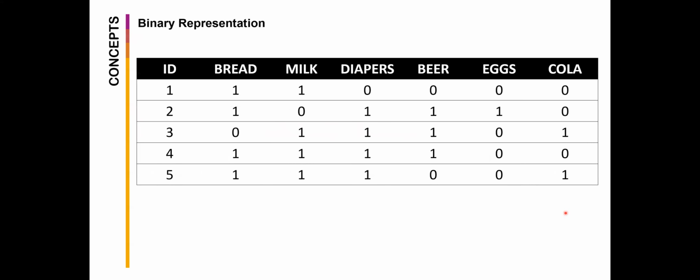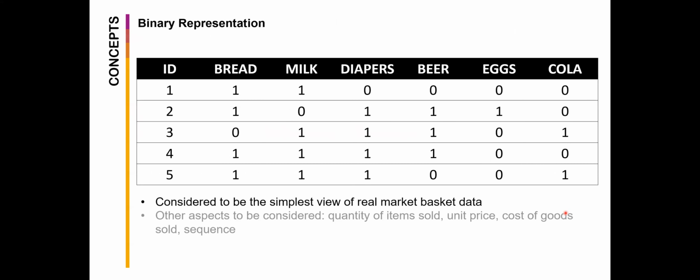All right. So from the data set, this is a simplified version of the data behind it. We look at each transaction ID and we identify whether specific items exist in that basket. So let's say if there's bread, it's true, it's 1, milk 1, diapers 0, 0, 0, 0.